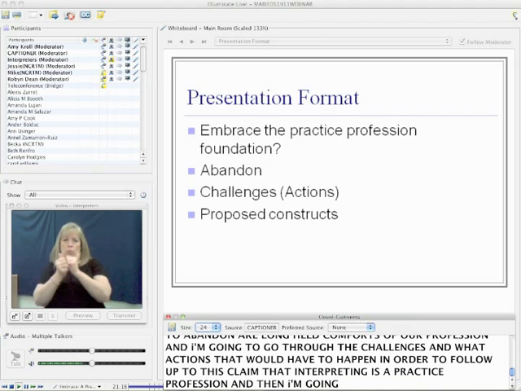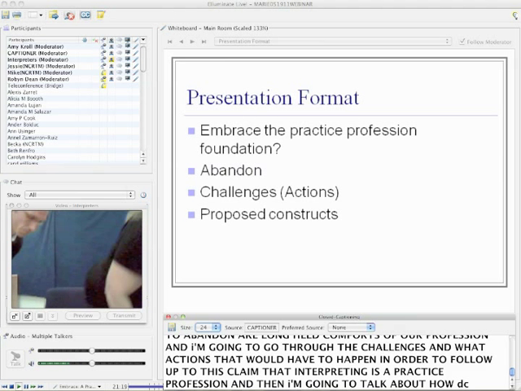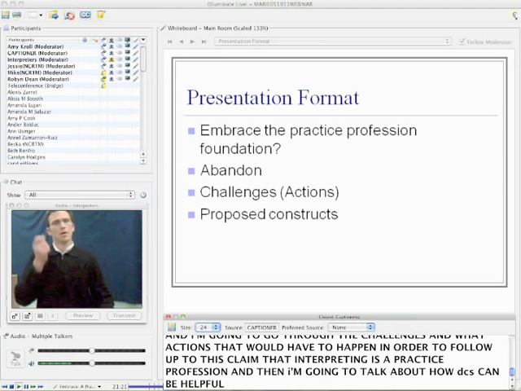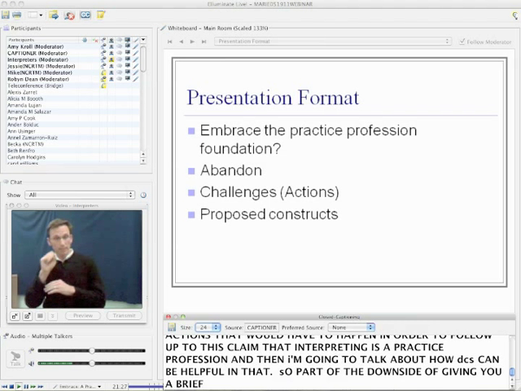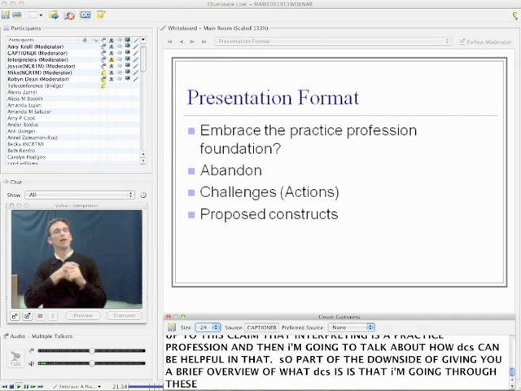Now, part of the downside of giving you a brief overview of what DCS is and how it scaffolds and supports a practice profession understanding is that I'm going to go through these constructs rather quickly.